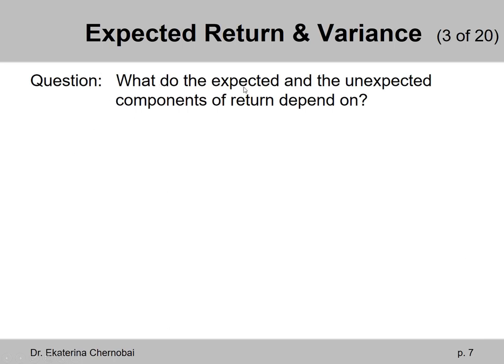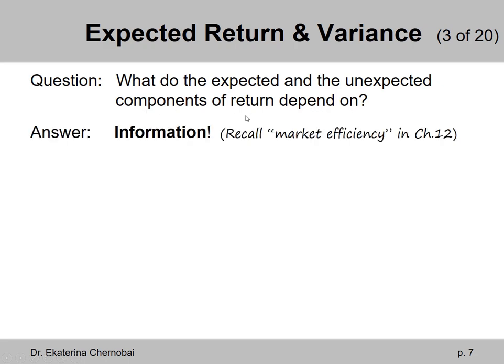Question: what do the expected and the unexpected components of return depend on? Well, this is directly related to the last conceptual topic at the end of chapter 12, called market efficiency. It was all about what makes stock prices fluctuate, go up and down all the time. And that was information, because of any new information that comes in.